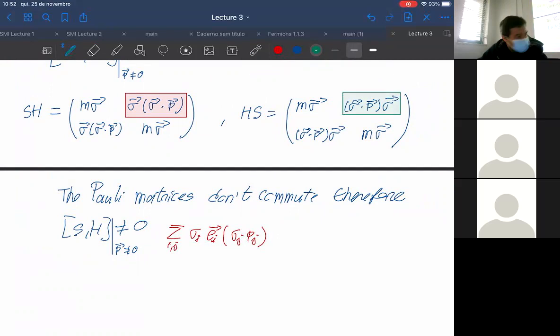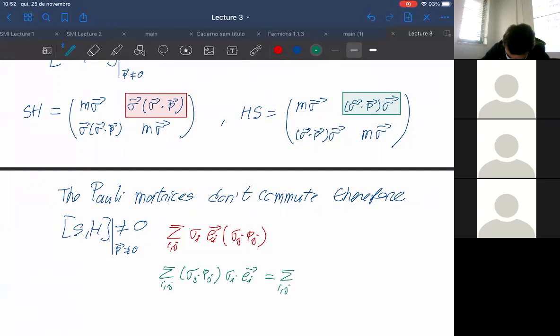And then you have these other ones that you can write in a similar way: sigma_j p_j, I will write with j, it doesn't matter, and then sigma_i e_i. Of course, the momentum and the sigmas do commute.